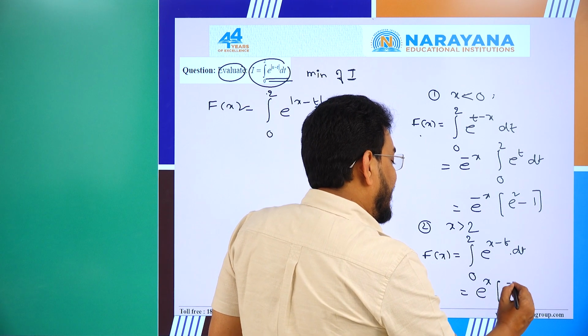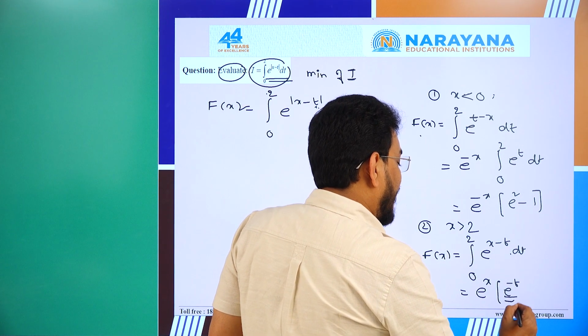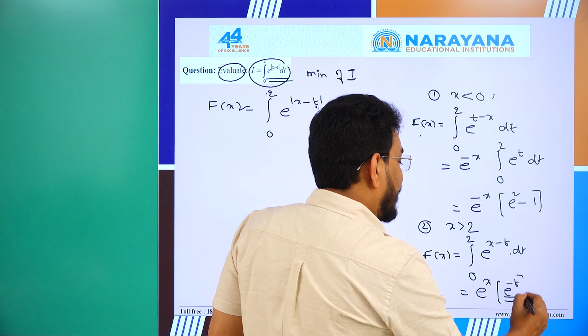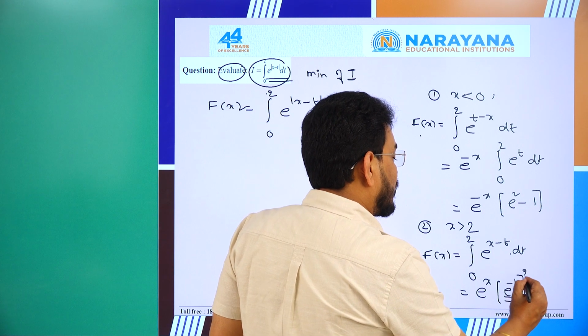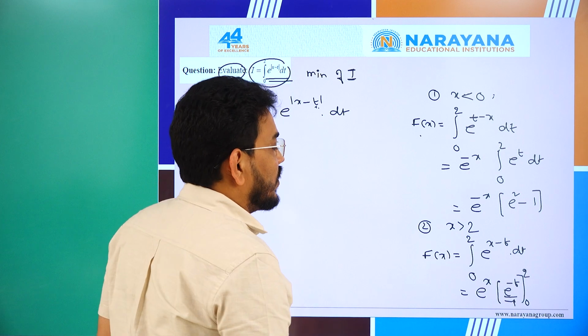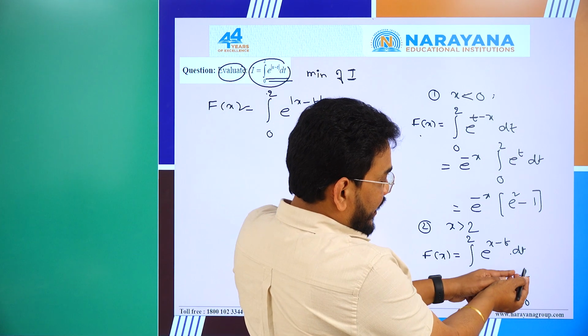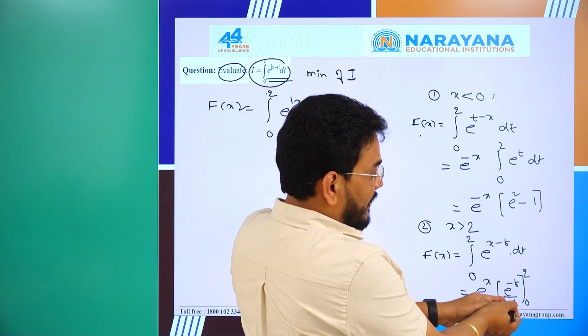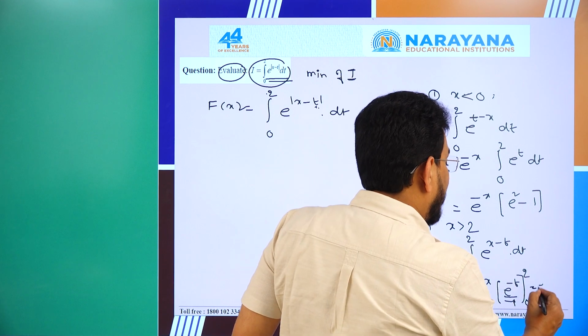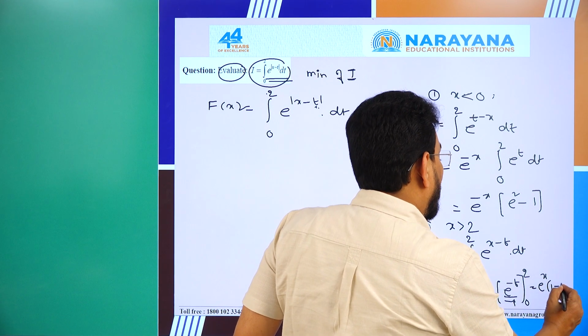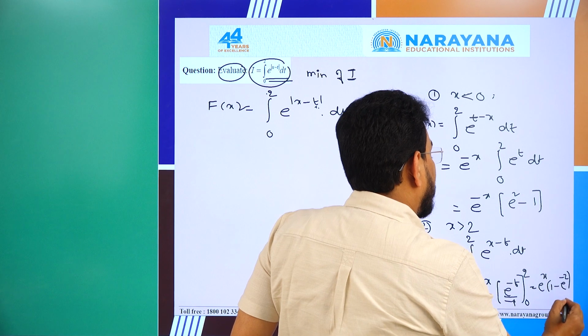You can write e power minus t by minus 1 of the limits 0 to 2. So when you substitute, e power minus 2 by minus 1 minus, so you will be getting e power x into 1 minus e power minus 2.